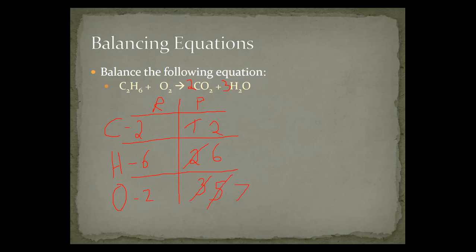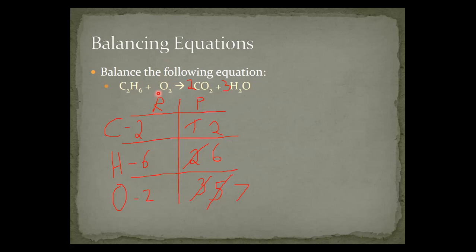Now look at this. We've done all this hard work. We've got the carbons balanced. We've got the hydrogens balanced. But now we're going to run into a problem. What's not balanced? My oxygens. On the reactant side, I've got O2. That's an even number, an even multiplier.